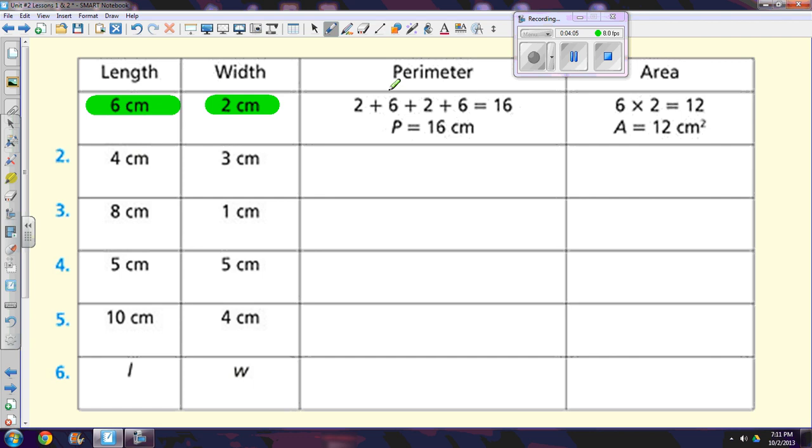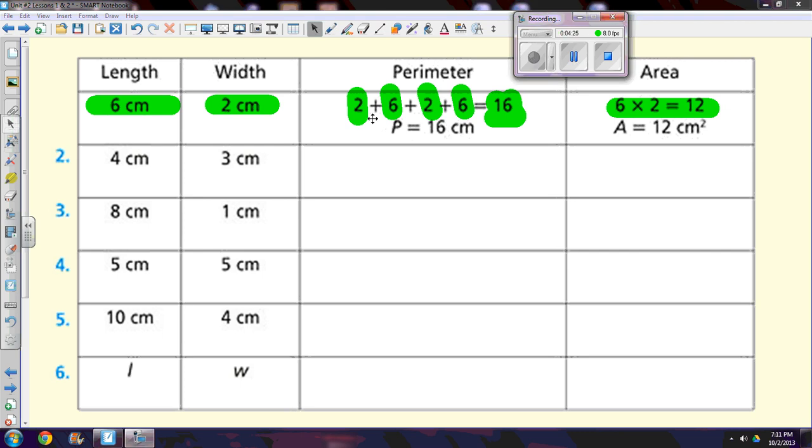So you have the perimeter, you have 2 and 2 and 6 and 6 for a perimeter of 16. For the area, you would have 6 times 2, which equals 12. Area equals 12 centimeters squared. All right, let's take a look at number 2.